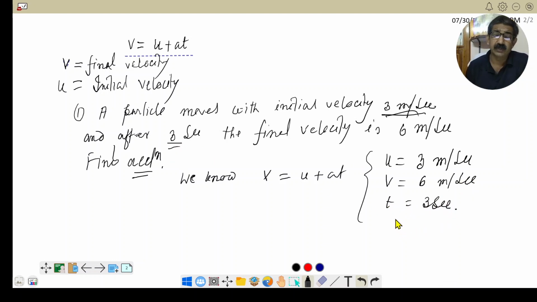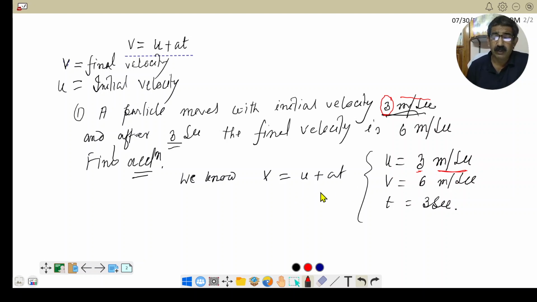Remember this, in case of problems of physics, you have to write down the numerical value and the unit, meter per second. Velocity has the unit meter per second or kilometer per hour as given in the book.